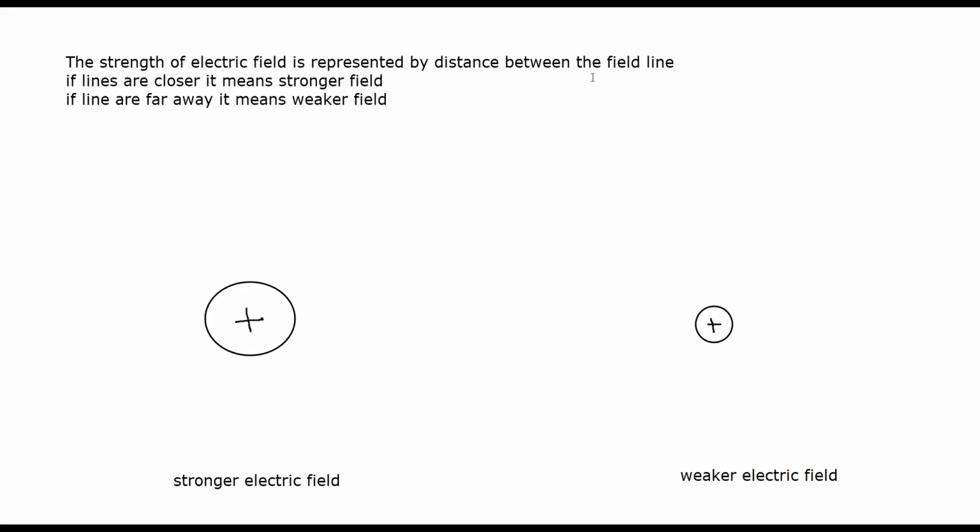So how do we represent in terms of field lines which one is stronger? In both of them the direction of electric field is always out from positive and into negative.